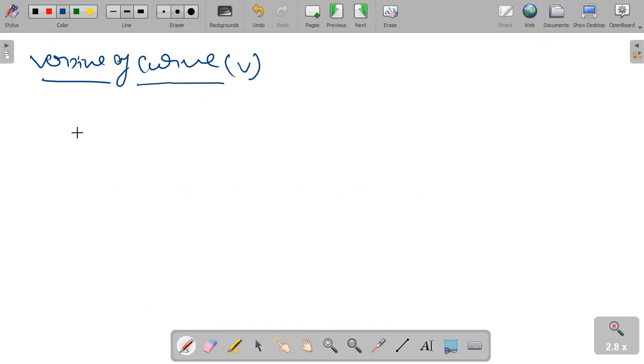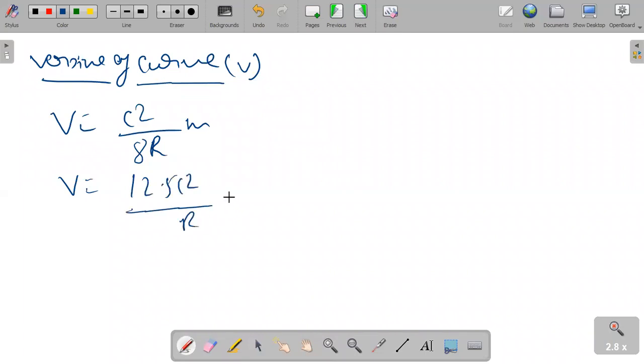Basically, we denote it as V. So V is equal to C square by 8R in meters, and V is equal to 12.5 C square by R in centimeters.